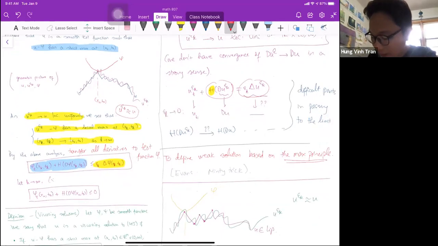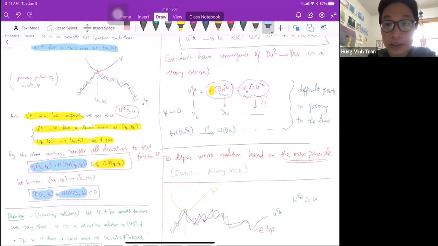You have xk tk converging to x naught t naught. So the first term converges to phi t of x naught t naught, the second term converges to h of d phi at x naught t naught. The last term, again phi is our smooth fixed test function and epsilon k converges to 0, so the right-hand side converges to 0.